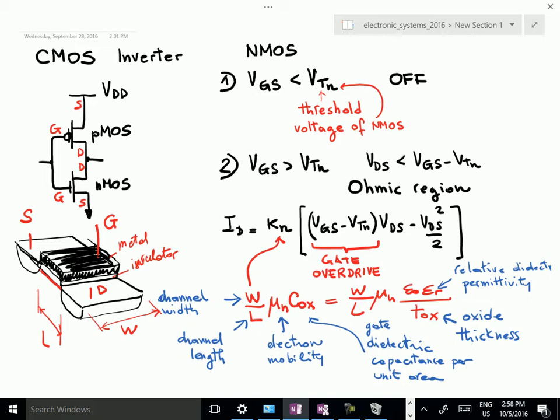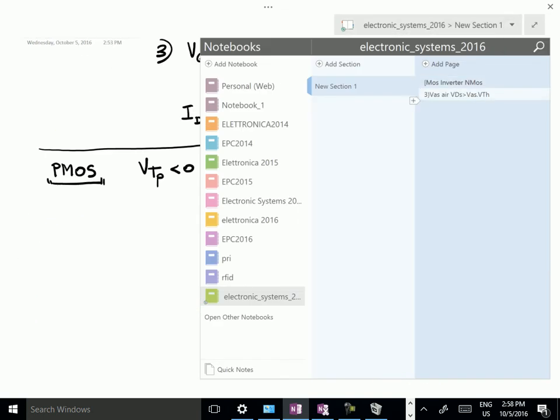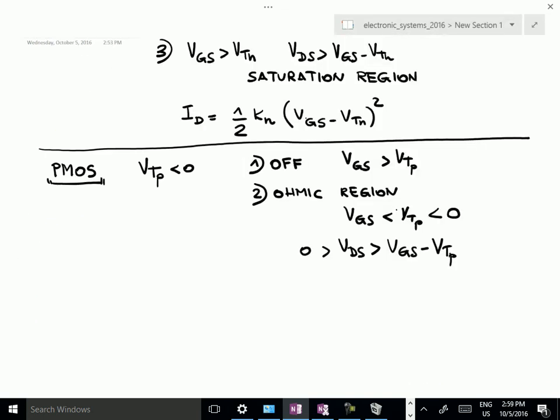We define, in the case of an NMOS, the source as the terminal with the lowest voltage, and in the case of a PMOS, the source is the terminal with a higher voltage. So by definition VDS has to be smaller than 0, because the source voltage is by definition larger than the drain voltage. So this is, let's say, by definition.